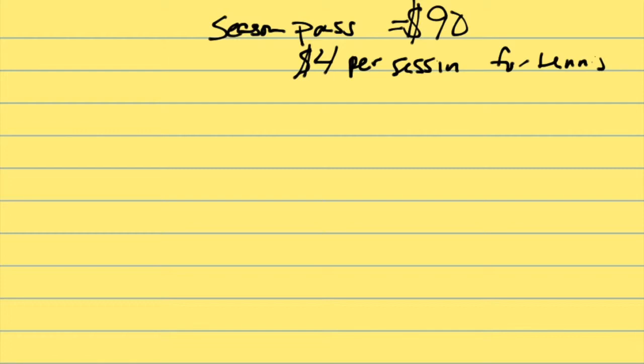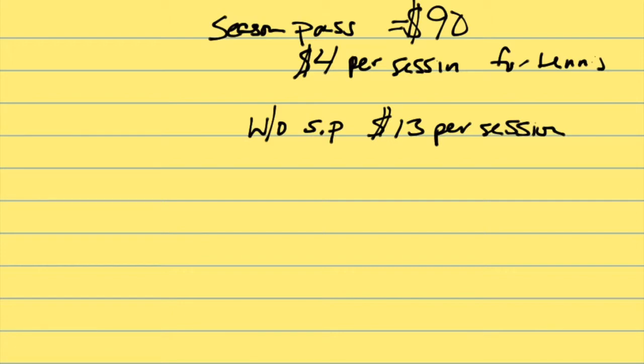Without the season pass, you pay $13 per session. And they're asking, what system of equations can I use to find the number x of sessions of tennis after which the total cost y with a season pass is the same as the total cost without a season pass?